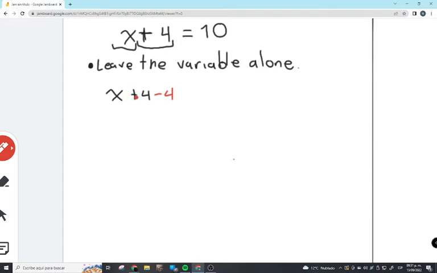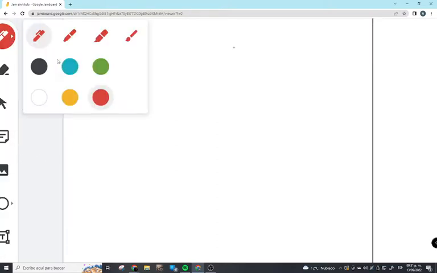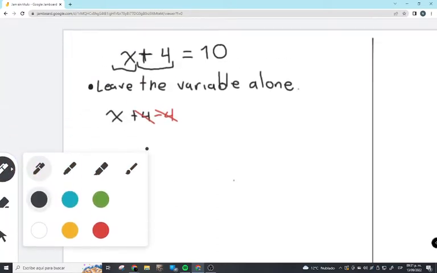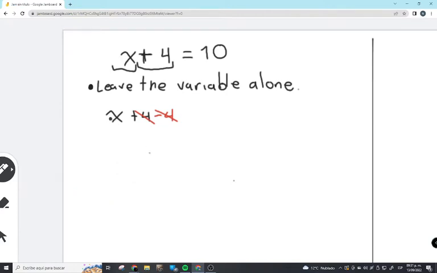So what is plus 4 minus 4? We are basically disappearing that 4. We got rid of it. So it is just x. x plus 4 minus 4 is just x. The 4 disappeared because we subtracted it.